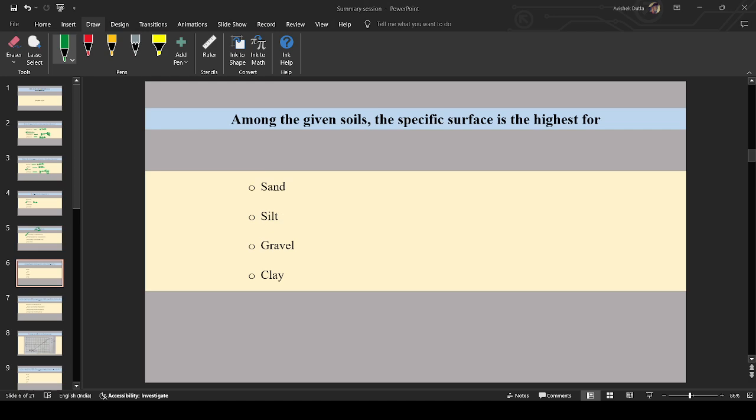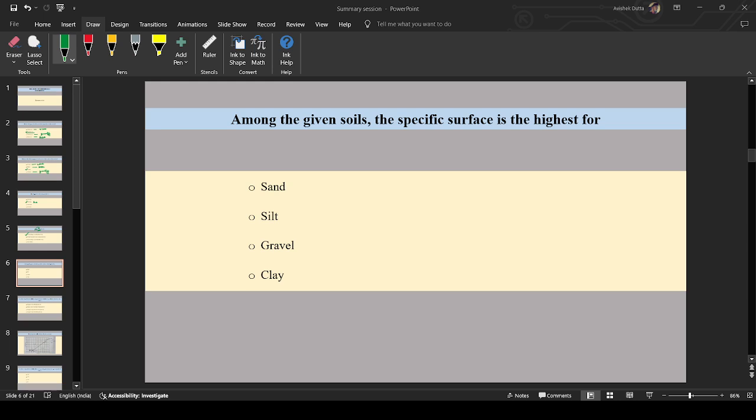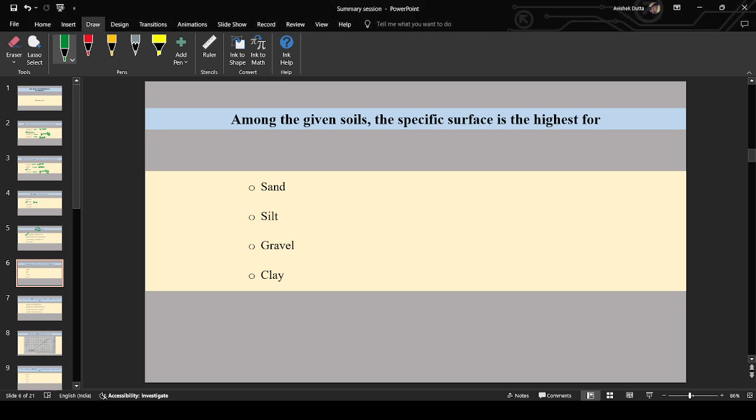Among the given soils, the specific surface is the highest for which? Just a moment. Yes. So what is specific surface? Specific surface is defined as surface area per unit mass.